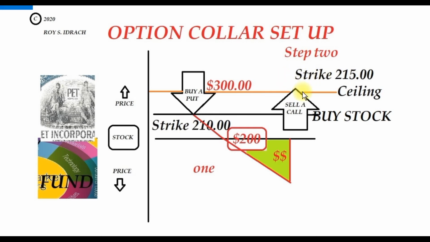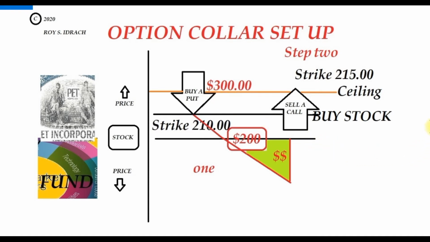A 215 strike, which is your ceiling at 215. The call is higher than the put that you bought, because you bought this at 210 and this one is going to be at 215. So now you sell a call at 215, and let's say that they give you $290.